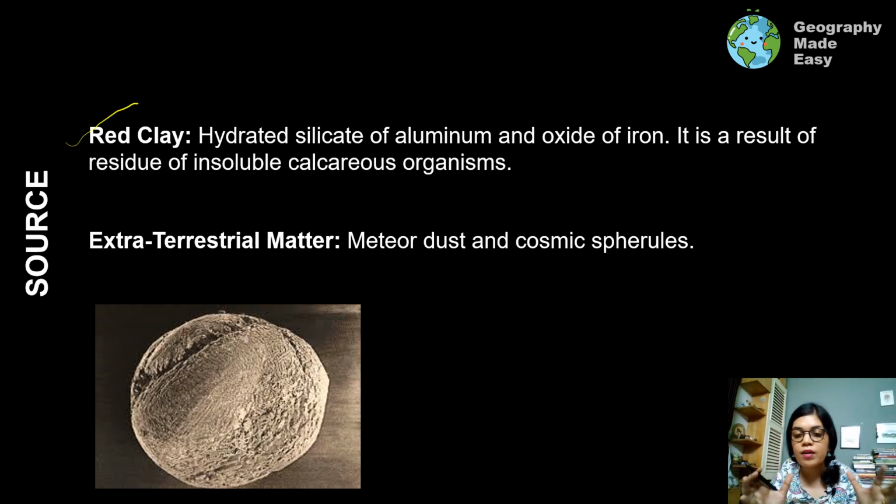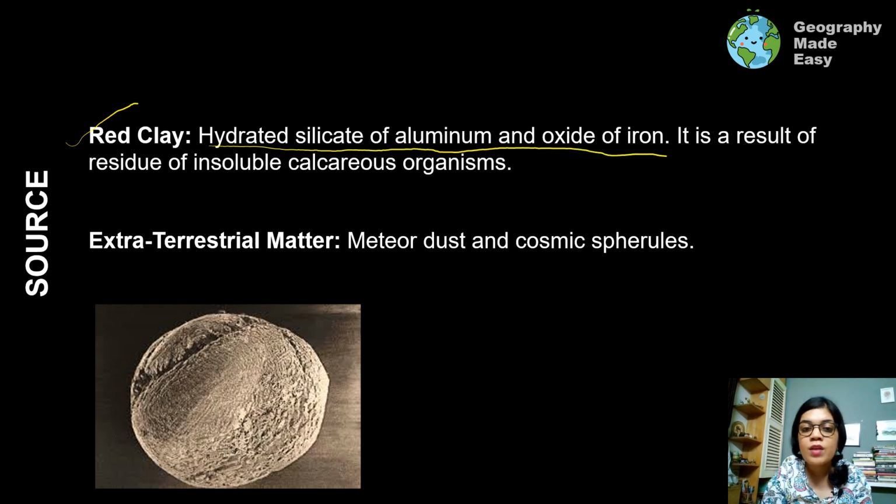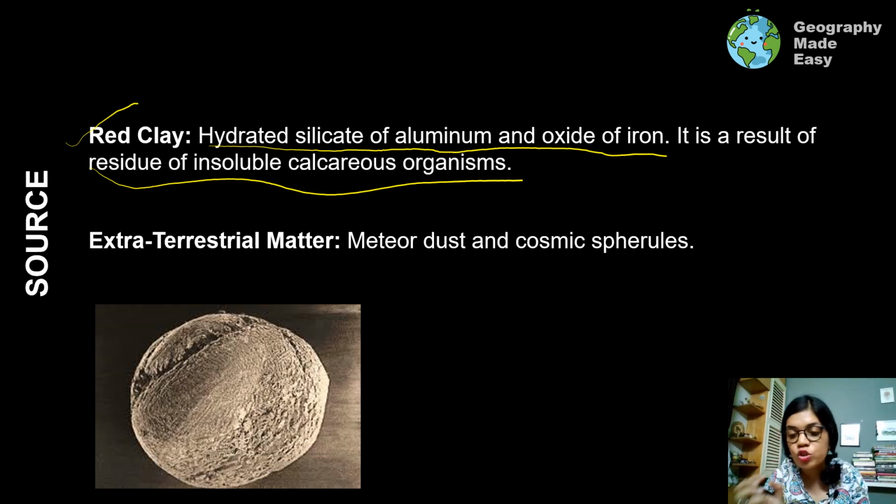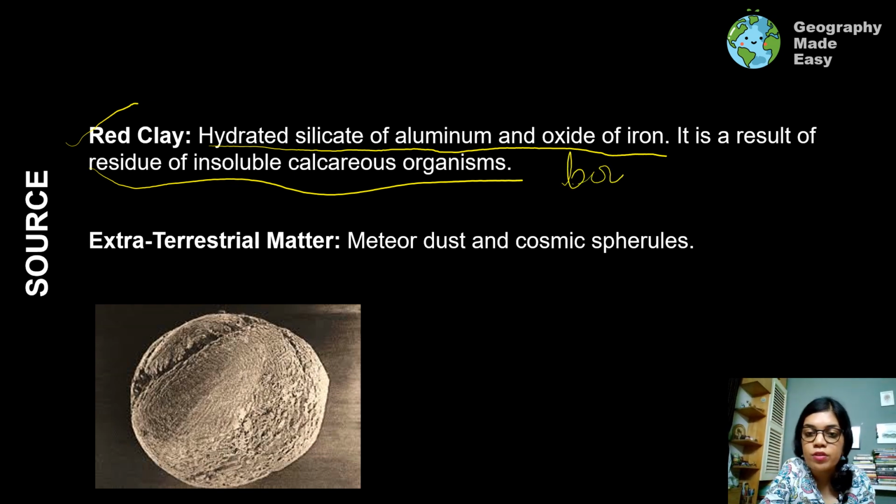This is a particular type of sediment, and it is given special status here. Red clay is hydrated silicate of aluminium and oxide of iron. First it was thought to be a kind of iron rich element, but now it has been found that it is formed from the residue of calcareous organisms, that is the bones and the shells of certain animals.